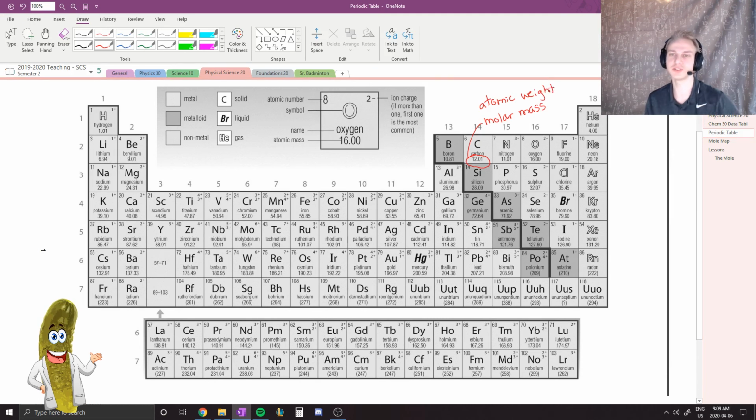Either term is accurate for describing that 12.01 number, which is the mass of a mole, or 6.02 times 10 to the 23 carbons. So we know that a mole of carbon has a mass in grams of 12.01.